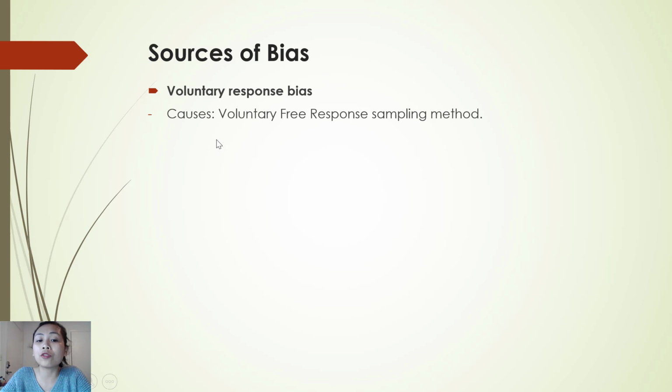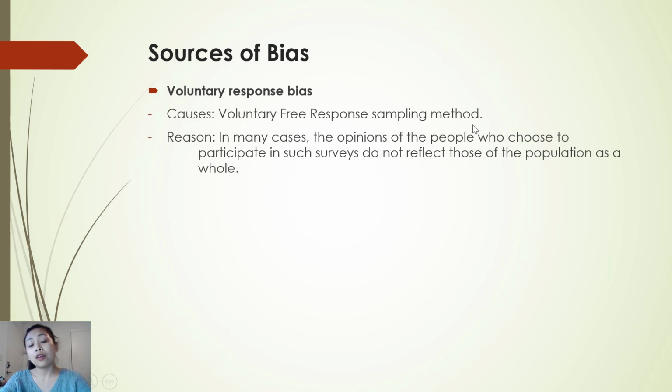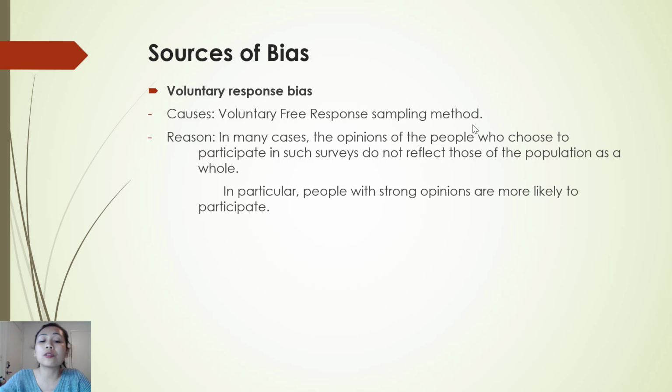It happens because in many cases the opinions of people who choose to participate in surveys do not reflect those of the population as a whole, and in particular, people with strong opinions are more likely to participate.